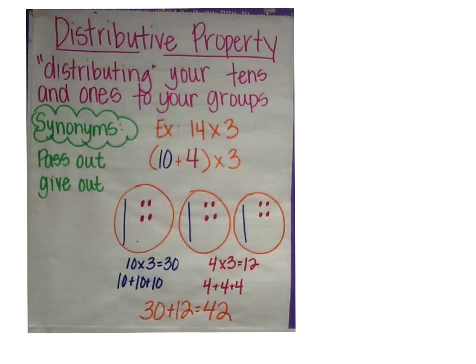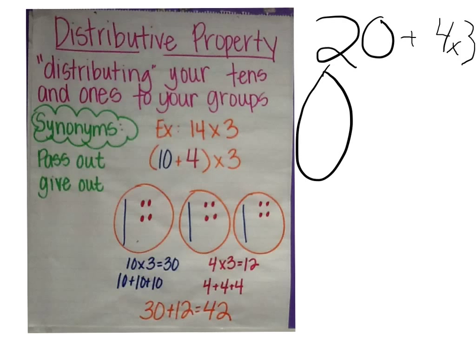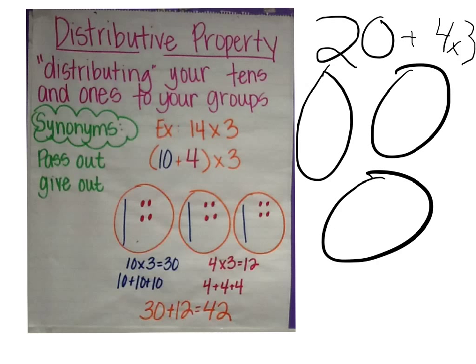So for example, if we had 20 plus 4 times 3, we do 3 circles with 10, 20, 30, 40, 50, 60, and then we'd have plus 4 in each. So 1, 2, 3, 4. Then we'd count it all up.